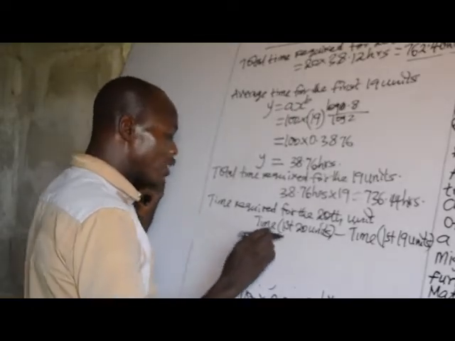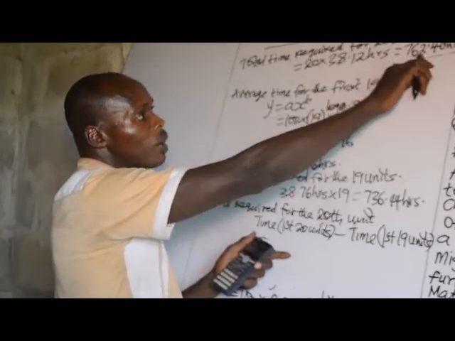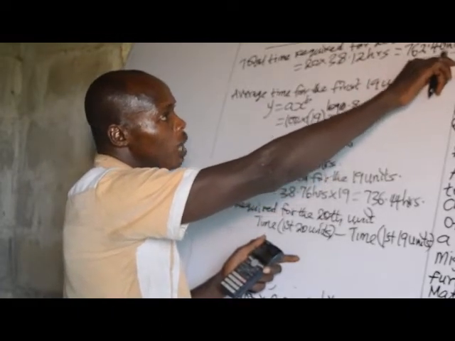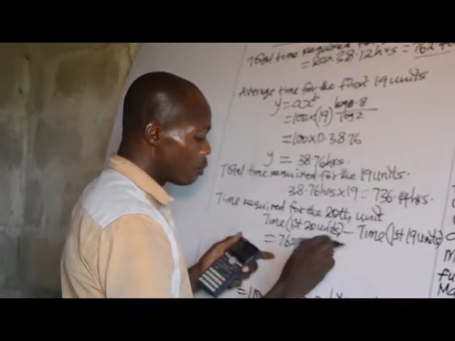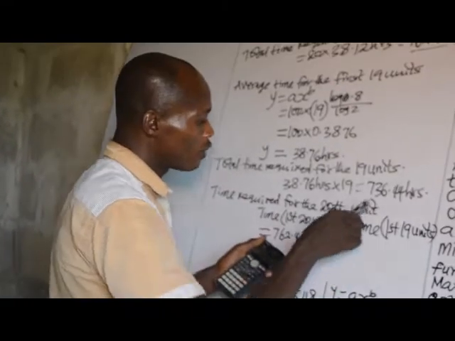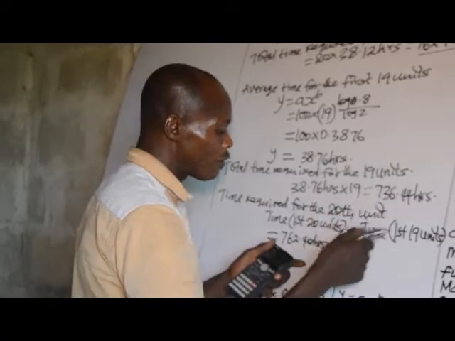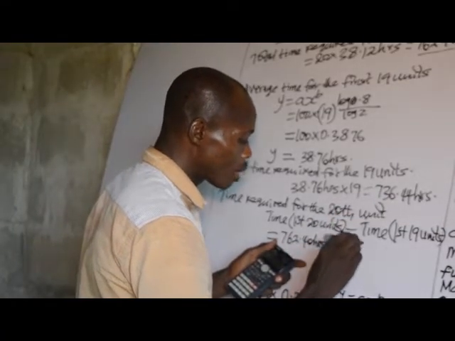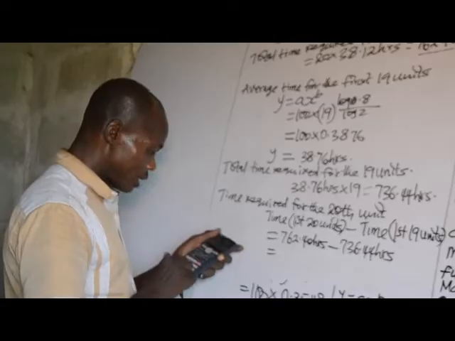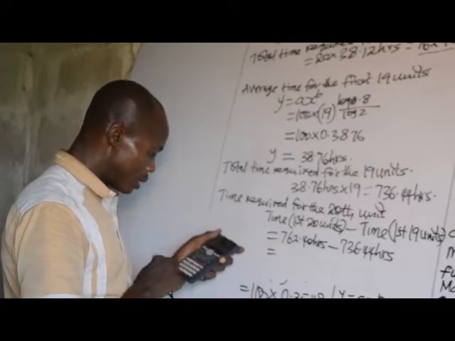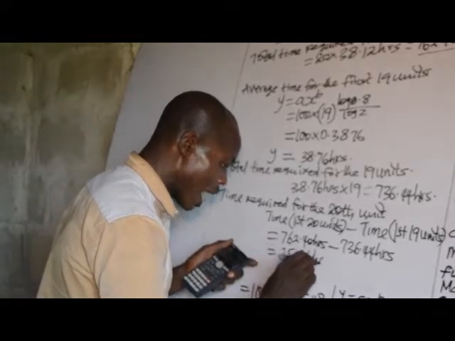The time required for the first 20 units, as calculated above, is 762.40 hours, minus the time required for the first 19 units, which has been calculated to be 736.44 hours. If you find the difference, 762.40 minus 736.44, we have 25.96 hours.